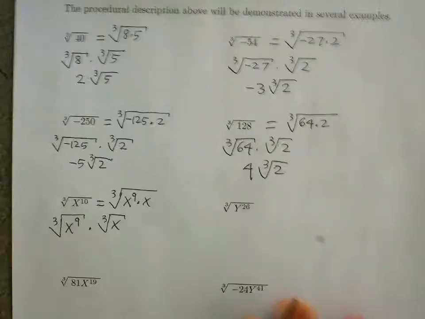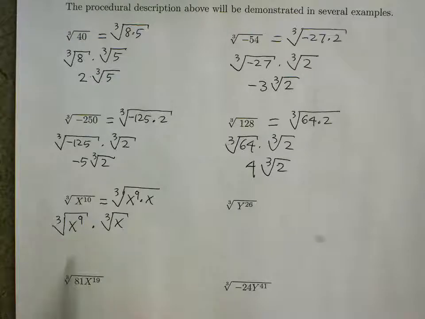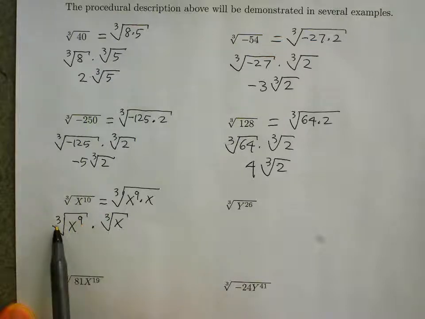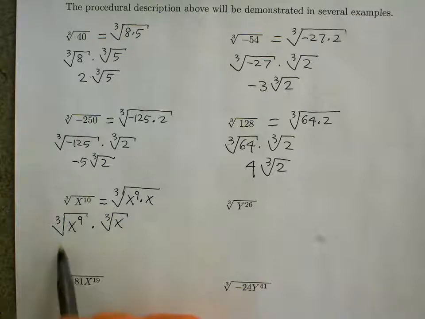How do we simplify the cube root of x to the 9th? x to the 9th is a perfect third power because 9 is a multiple of the index 3. So we can simplify that.